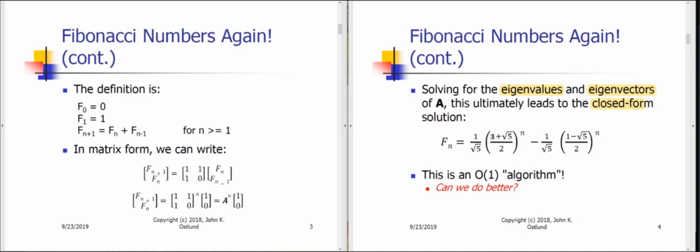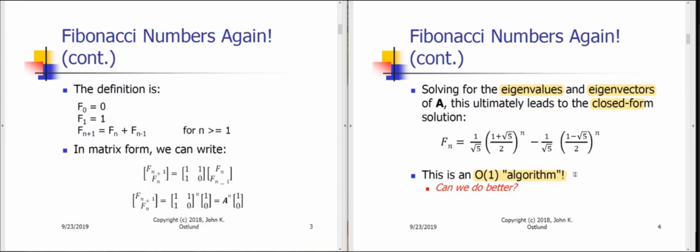It turns out that this value, 1 plus the square root of 5 over 2, is what's called the golden ratio. And this appears in mathematics and nature and architecture over and over. Okay, cool. So now we have an order 1 algorithm that is this formula for computing the nth Fibonacci number.